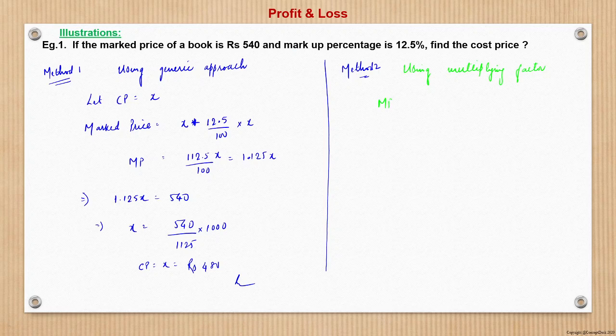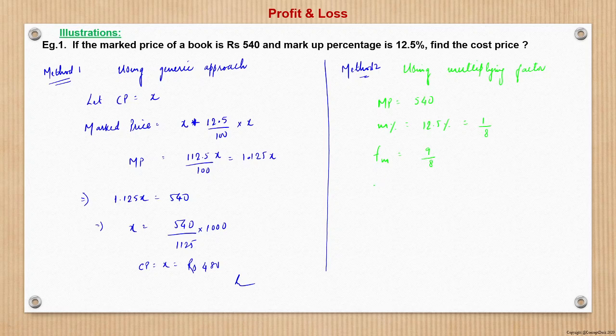MP is given as 540 and the markup percentage is given as 12.5%. 12.5% we know is 1 by 8. This percentage to fraction equivalence, which we have seen in percentages, is very important. Again, I am repeating: if 12.5% is 1 by 8, then the multiplying factor is 1 plus 1 by 8, which is 9 by 8.